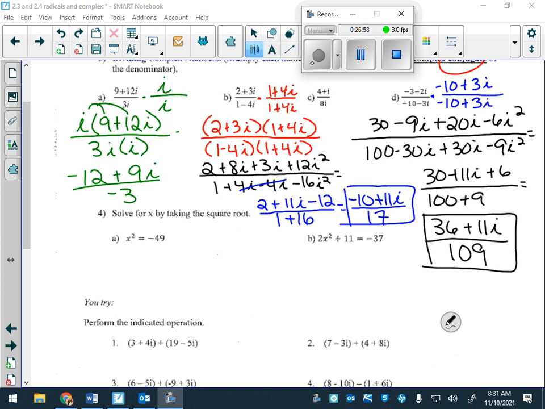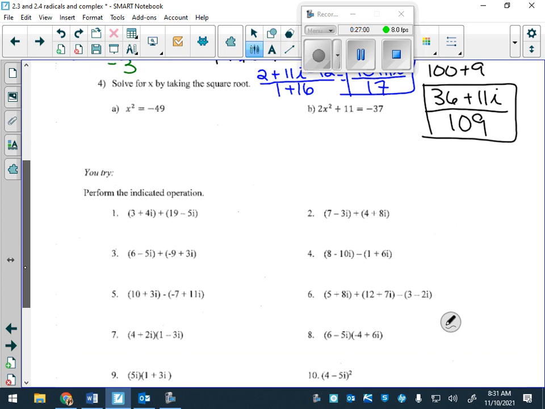All right, the last thing is now we could solve by taking square roots because we know what negative radicals simplify to. So if you look at A, how do I solve that? Everett. Good.